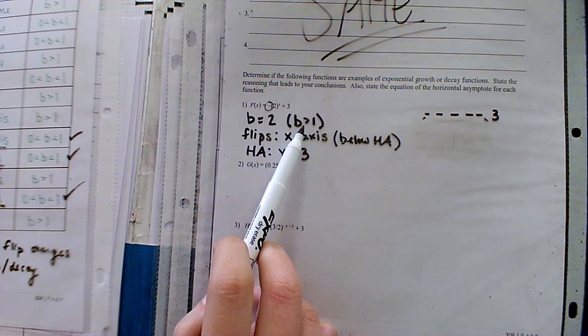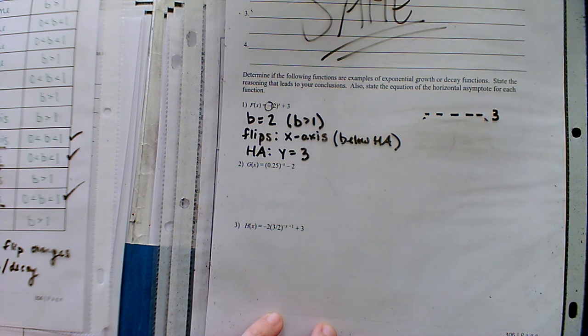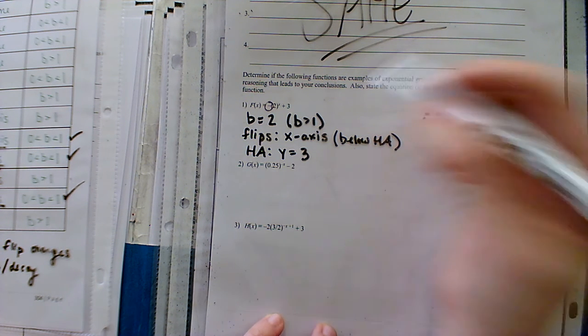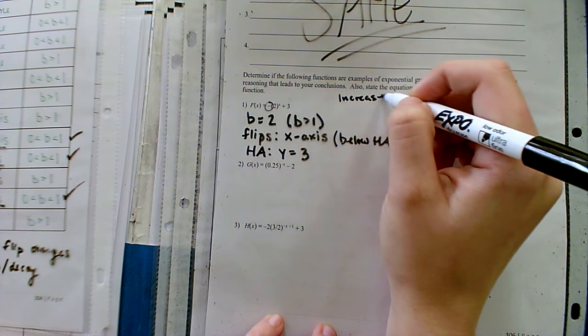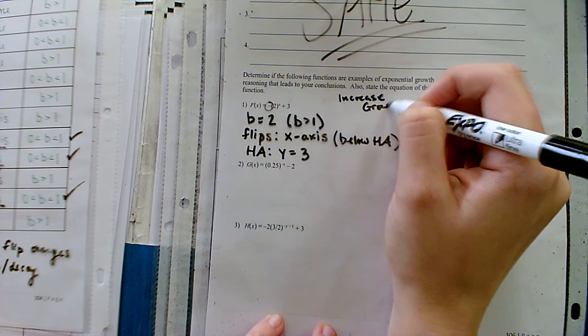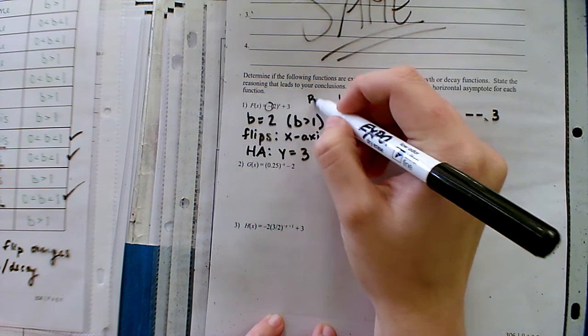If our base is bigger than 1, what does the basic beginning graph look like? Can we classify it? If our base is bigger than 1. All right, we said that was increasing growth.